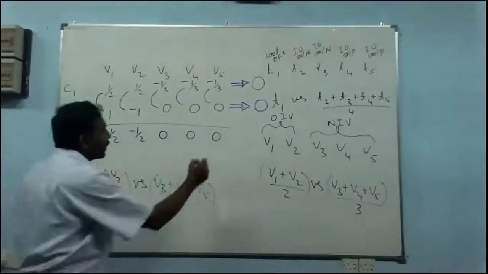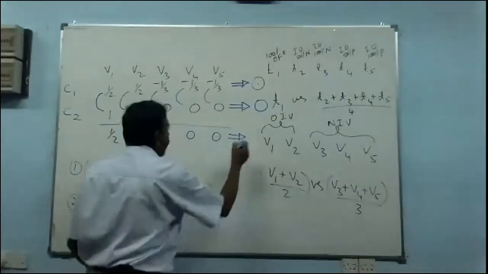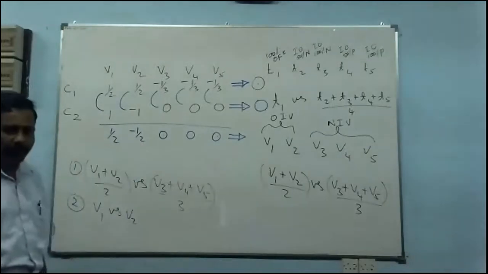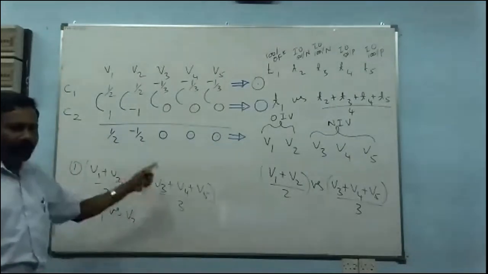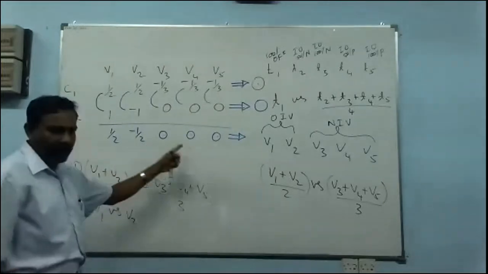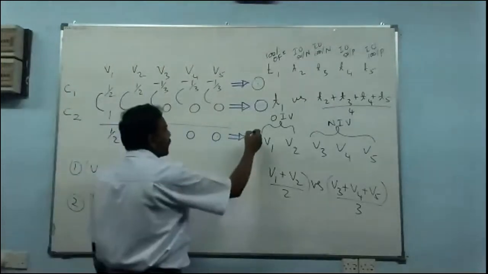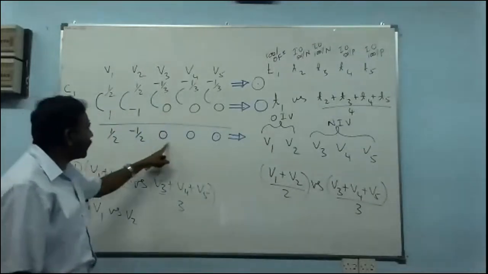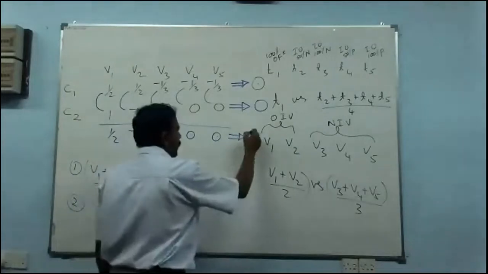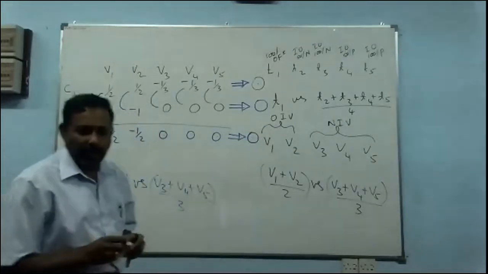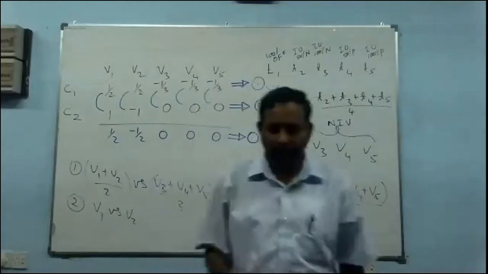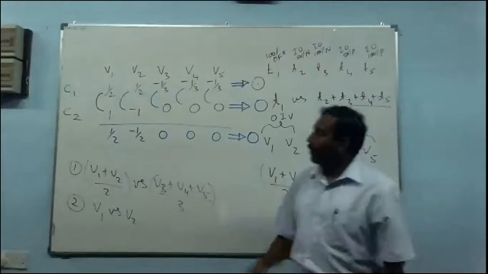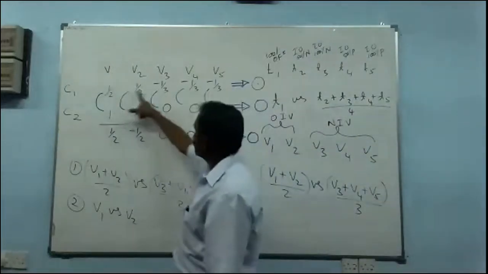Now add all these coefficient values. What is the value? We are talking about only the coefficients. Adding them: 0, minus half, half, 0, 0, 0. You see, this is the speciality of orthogonal contrast. So we have to choose contrasts in such a way that they are orthogonal.